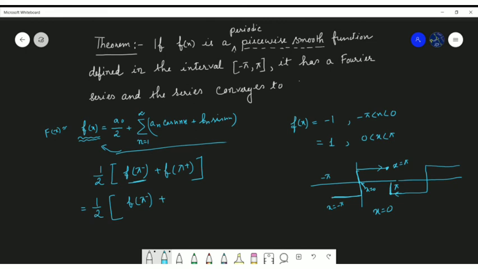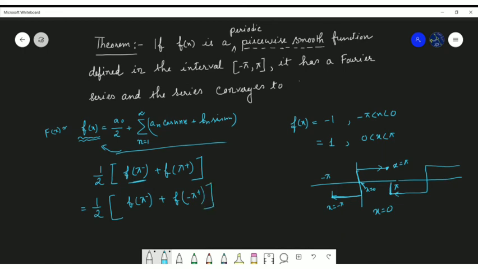The value of the function at these points is similar. Here you have to come from the positive direction, so in place of pi we can write minus pi plus.